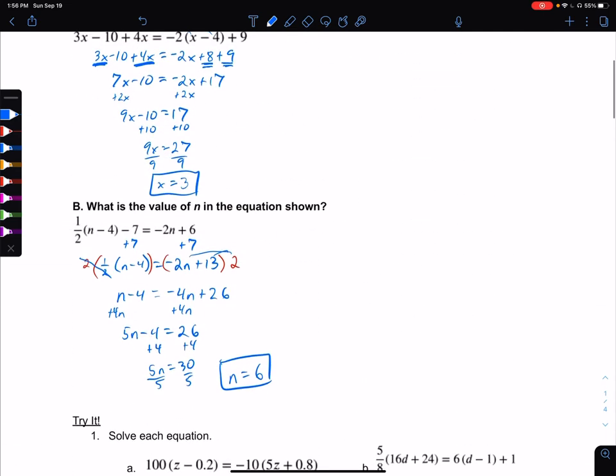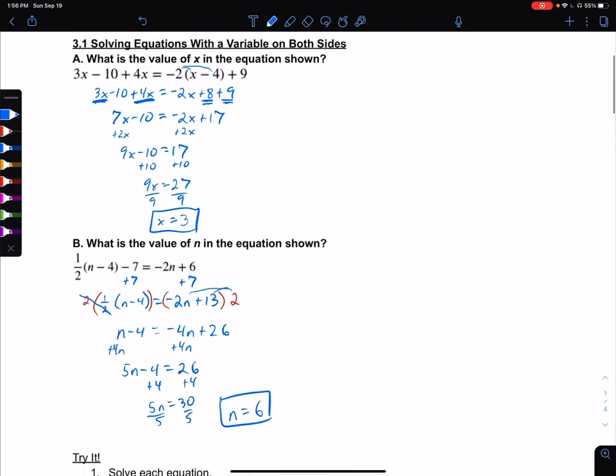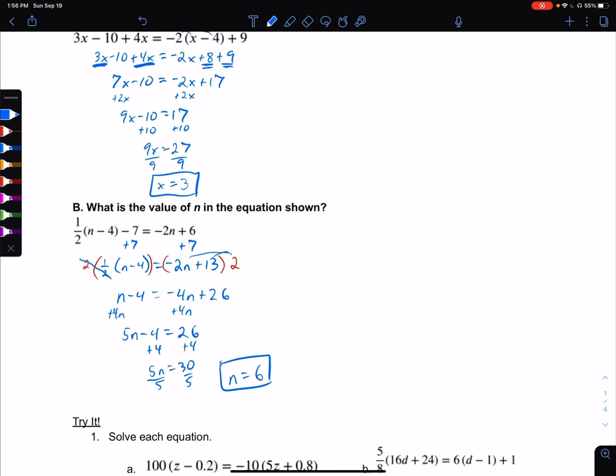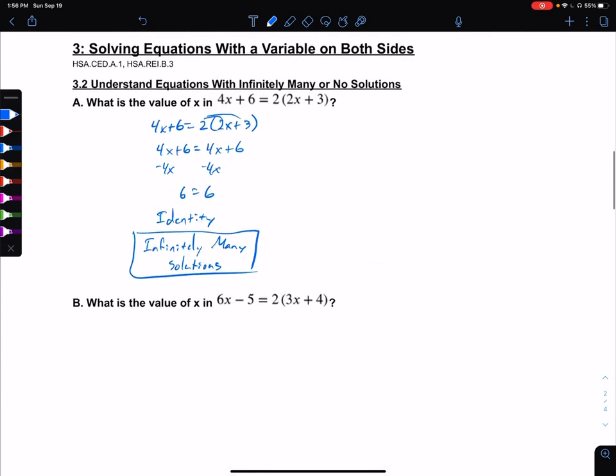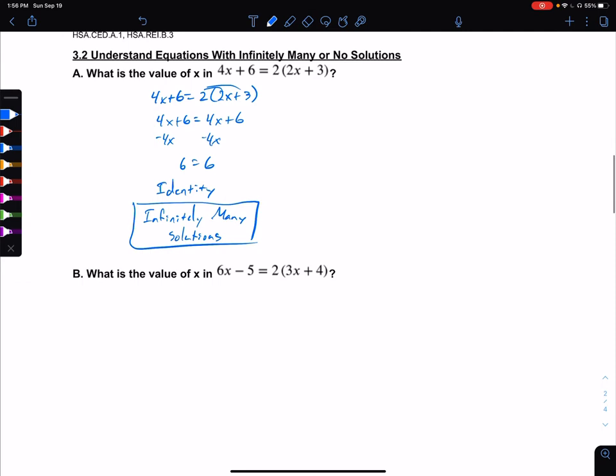If we go back to example 1, part A, you can only use x equals 3 if you want to balance the left and right sides. In part B, you can only use n is equal to 6 if you want them balanced. But here, with an identity, it doesn't matter what value I plug in for x. The left and the right sides are always going to be equal to one another.